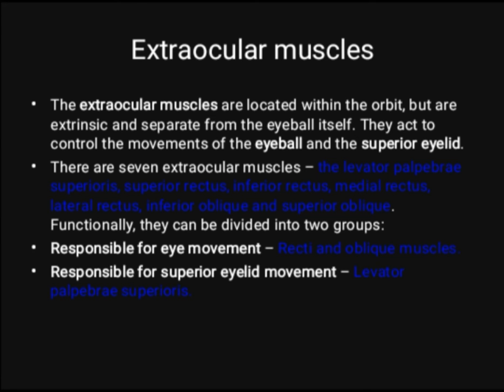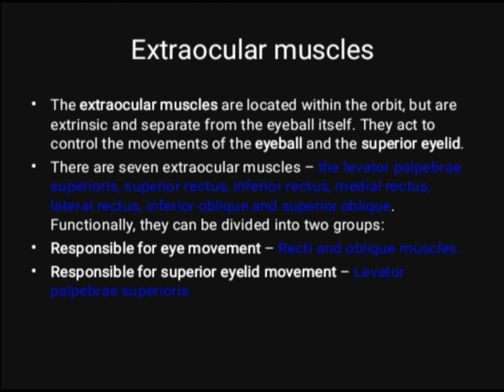Now here are the extraocular muscles. Extraocular muscles are the muscles which help in the movement of the eyeball. There are a total of 7 extraocular muscles: the rectus muscles and the oblique muscles.